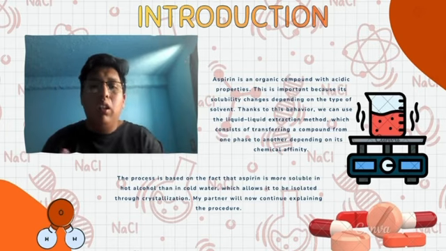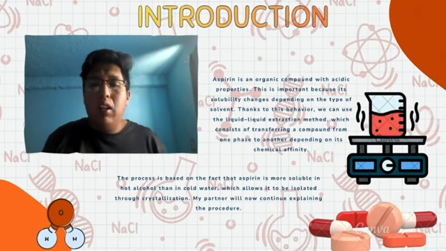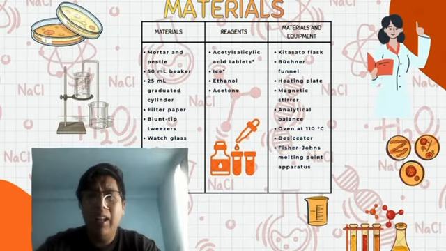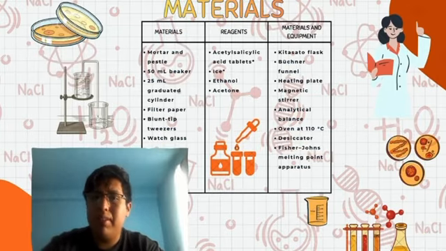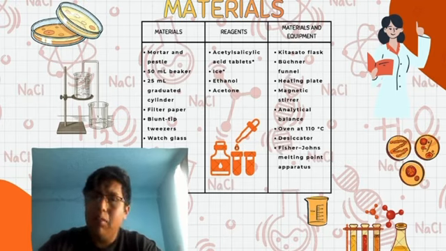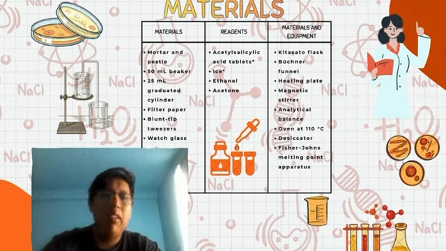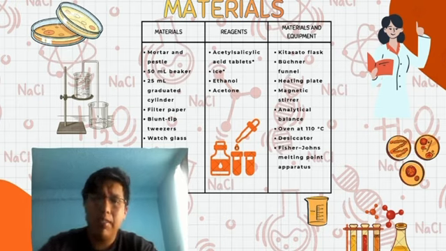My partner will now continue explaining the process. The materials used are a mortar and pestle, a 50 ml beaker, a 25 ml graduated cylinder, filter paper, blunt tape, a glass rod, and a watch glass.